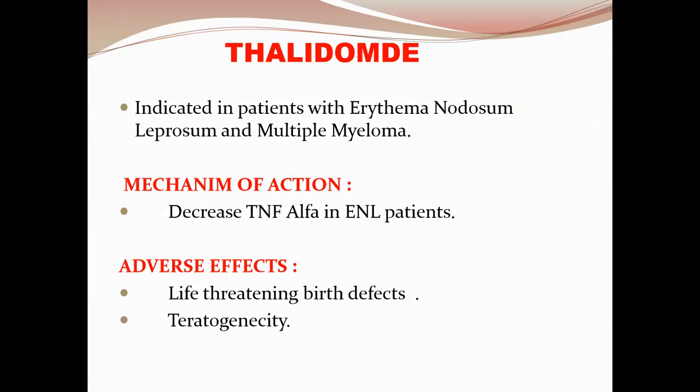So apart from its anti-inflammatory and immunomodulatory actions, thalidomide is also used as an anti-angiogenic drug. The mechanism of action is that it decreases the production of TNF alpha in erythema nodosum leprosum patients, and the adverse effects are life-threatening birth defects and teratogenicity.